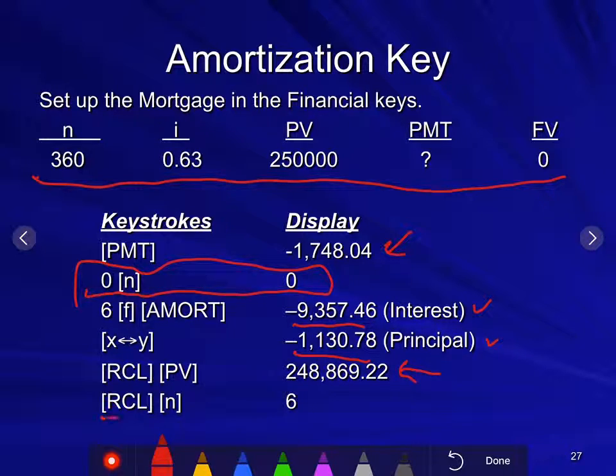And then just as a confirmation, hit recall N, and you'll see 6, which says we are now 6 months into this mortgage. So if we do any amortization from this point on, it's going to be starting 6 months in. It's not starting at the beginning. If we want to start at the beginning, we have to reset, put our mortgage back in, and calculate it all over again.